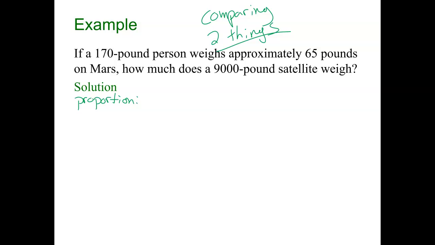But first I want to ask, what two things am I comparing? Okay, so I'm comparing their two weights, the person and the satellite. Okay, so I've got a person and I've got a satellite. All right.